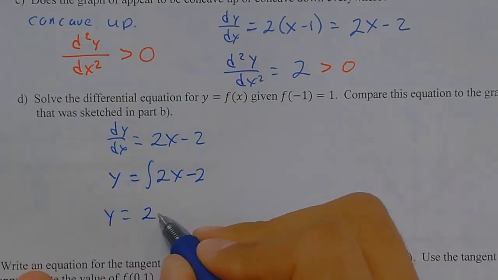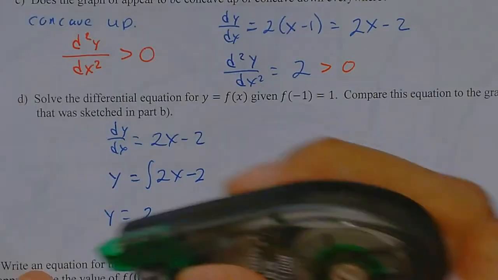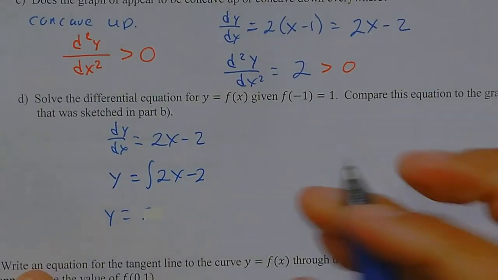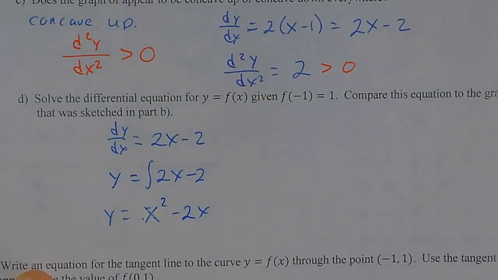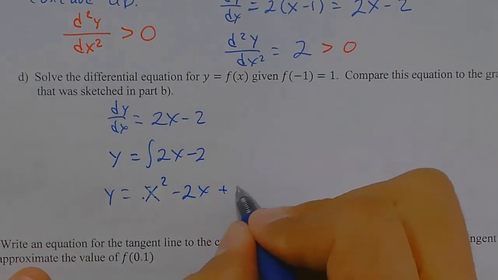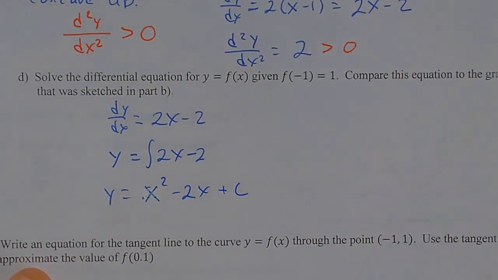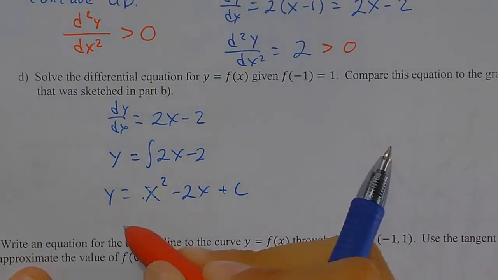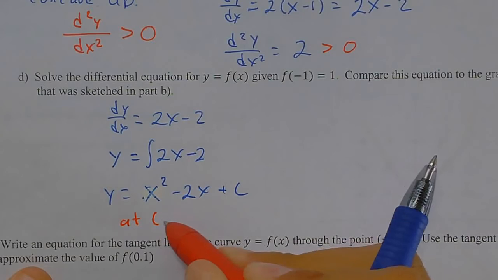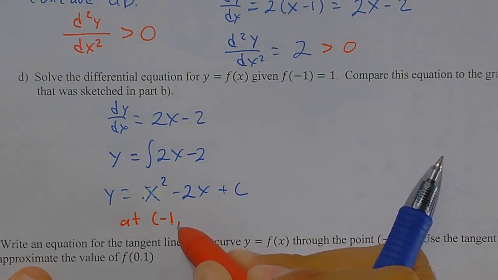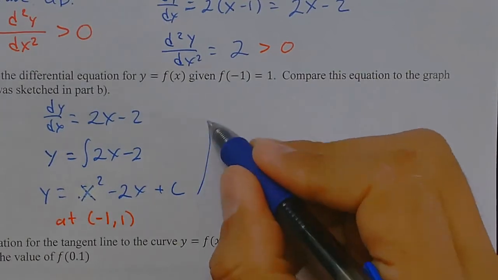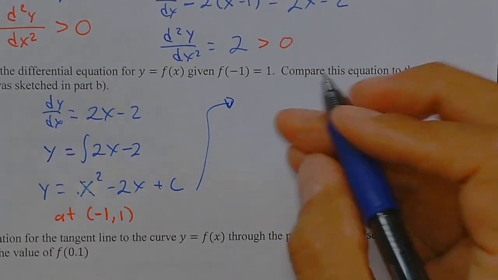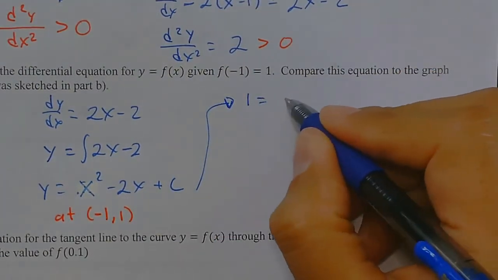Now, I could find that constant c because I'm asked to find the solution at the point negative 1, 1. So at that point, I can find that my constant comes out to be -2.